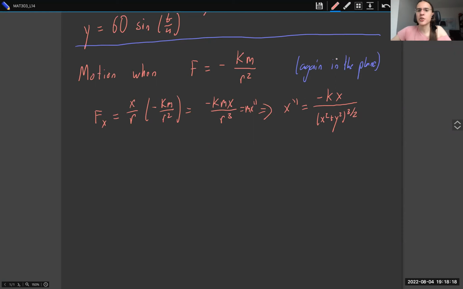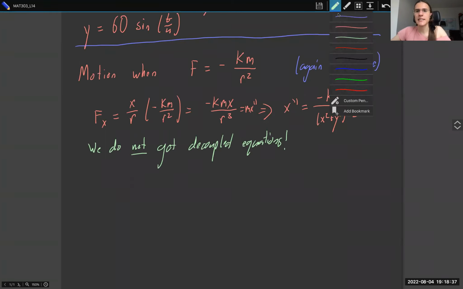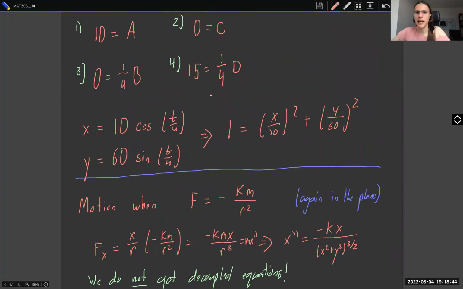And these equations are not decoupled, so the approach that we did last time doesn't work. It turns out that for this inverse square law, there's a lot more analysis to be done than last time.